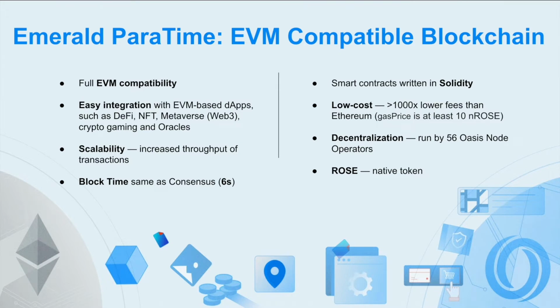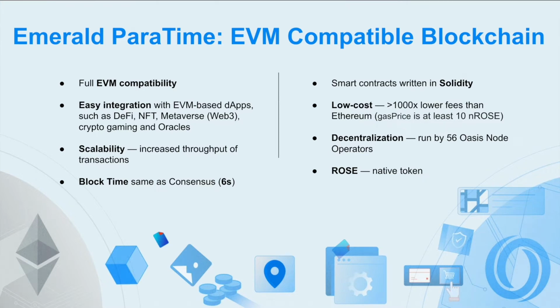So first of all, Emerald ParaTime is a full EVM compatible blockchain. Which means that you can do basically everything that you can do on Ethereum also on Emerald, but with much lower cost, with much lower fees compared to Ethereum. For example, we have a gas price of only 10 nanoROSE, which is very, very low, almost zero.